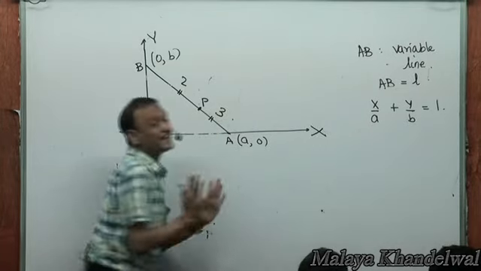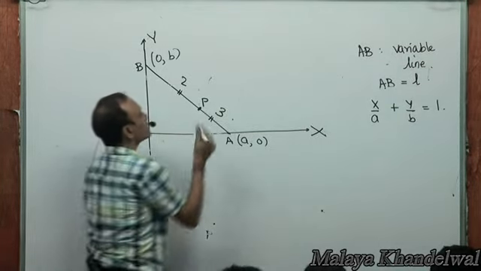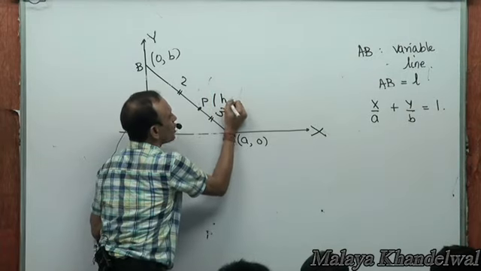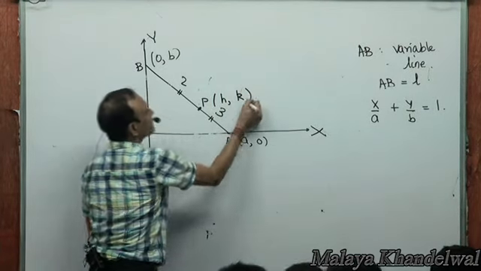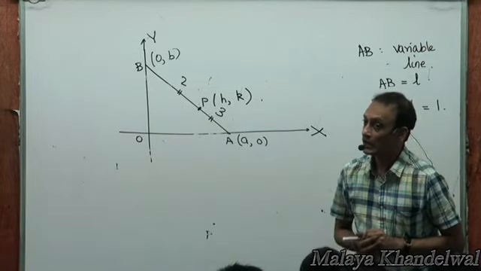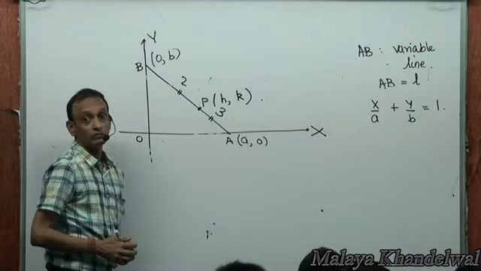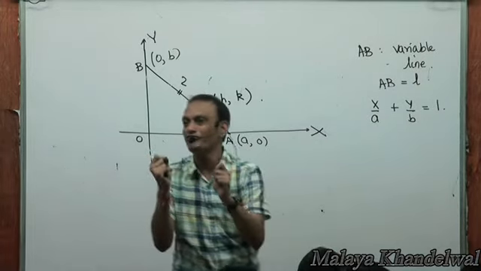Now, let's say at a given instant P has coordinates h comma k. Clear? Now, h and k will depend on values of a and b.